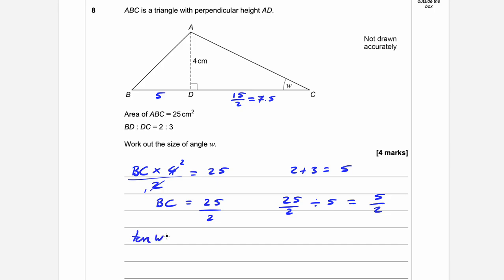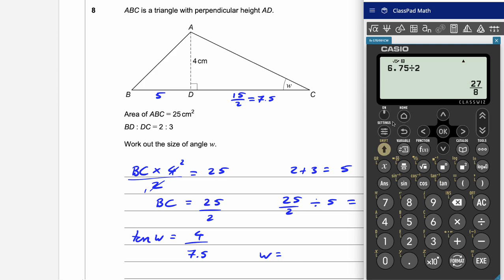The tan of W is equal to opposite over adjacent, 4 over 7.5. Therefore, W is equal to the inverse tan of 4 over 7.5. Let's do that. It's the inverse tan of 4 over 7.5, which is 28.07.